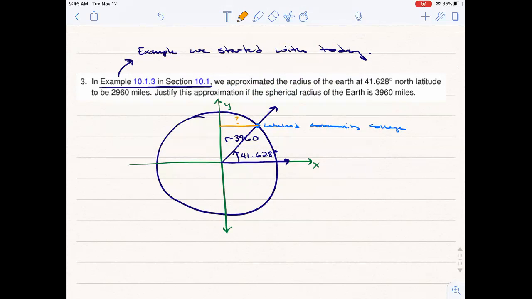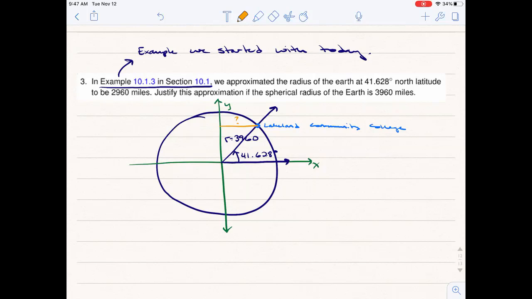Because we wanted the radius at that point, right, at Lakeland Community College, which is up north, right? Not as north as we are, but up north. I think I looked it up, and I feel like it's around Chicago, that area.